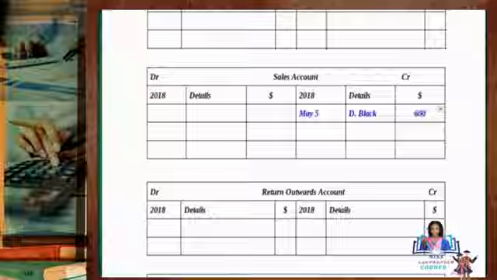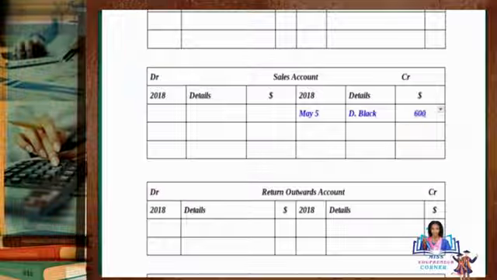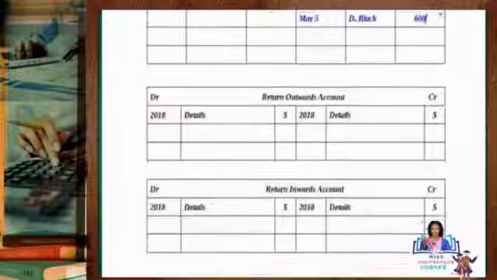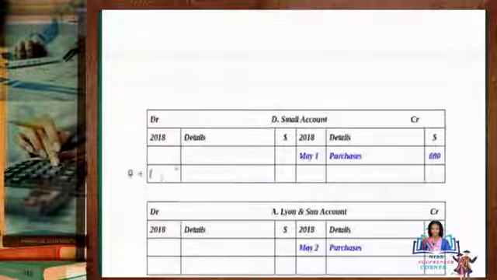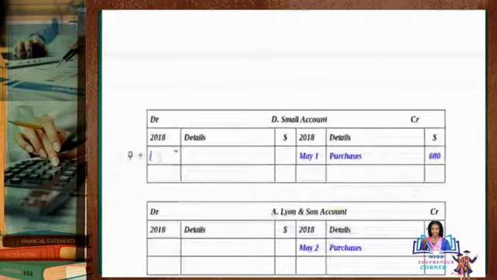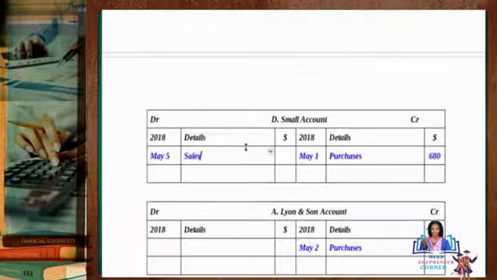And then we need to go to D Block's account and make a debit entry to show that this customer now owes the business for the goods that he took on credit. So May 5, made a sale of $600.